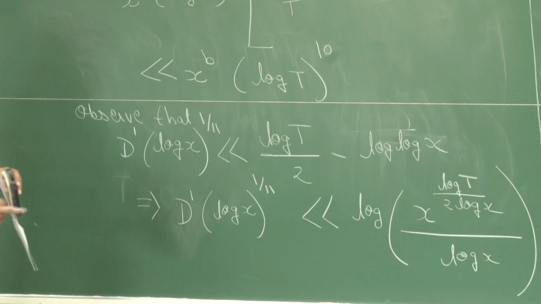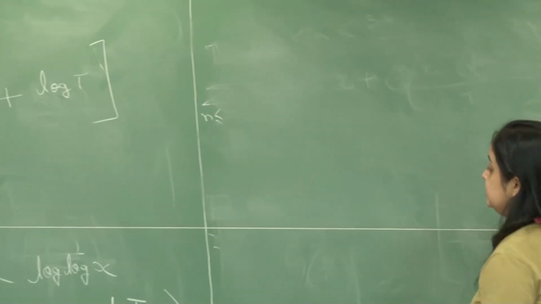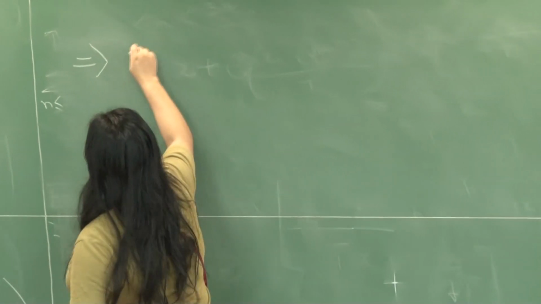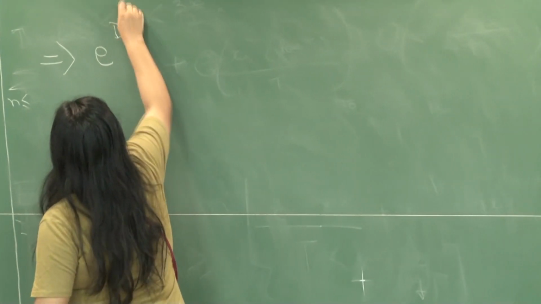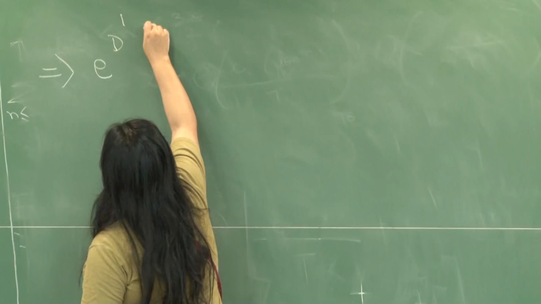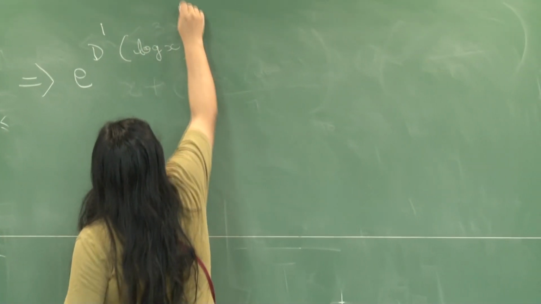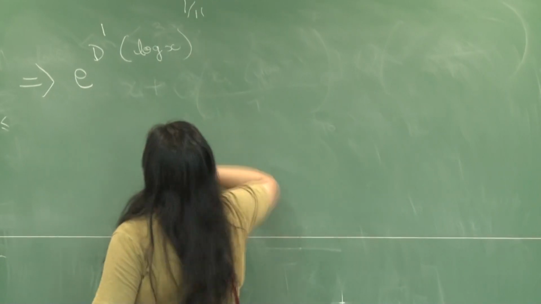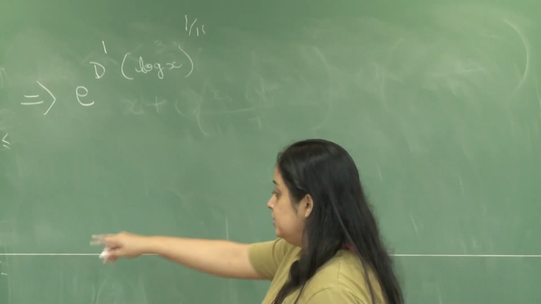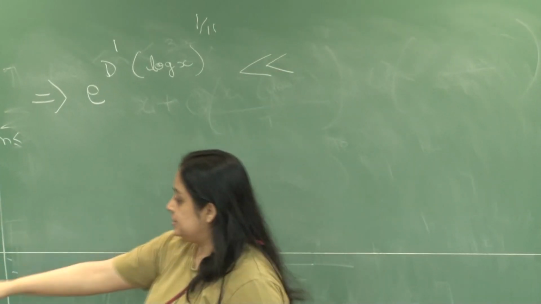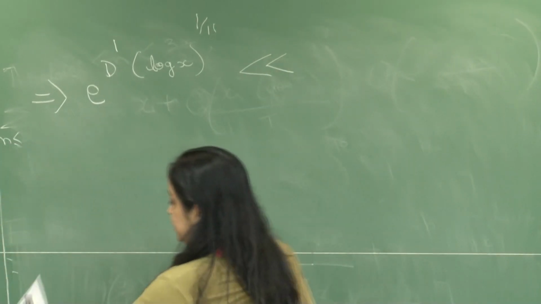And so because of this, we end up getting thus e raised to the d prime times log x raised to the 1/11 is certainly less than, I am just taking exponentials of both sides.